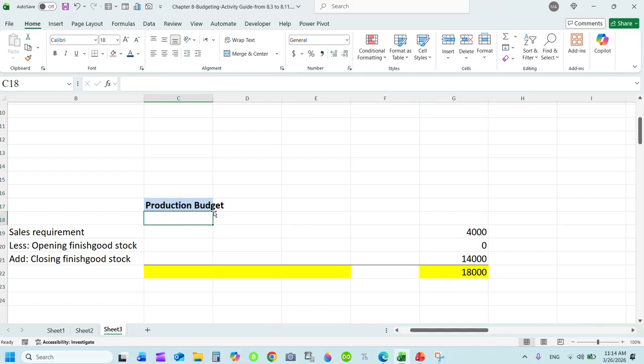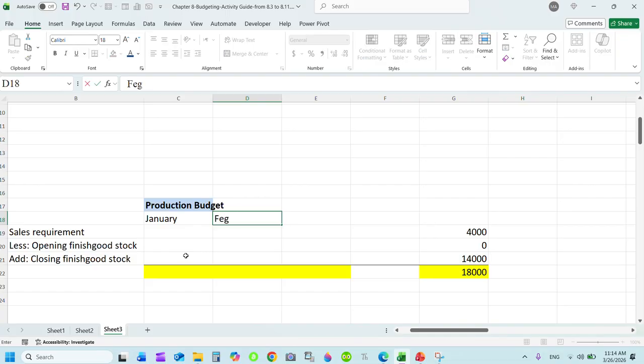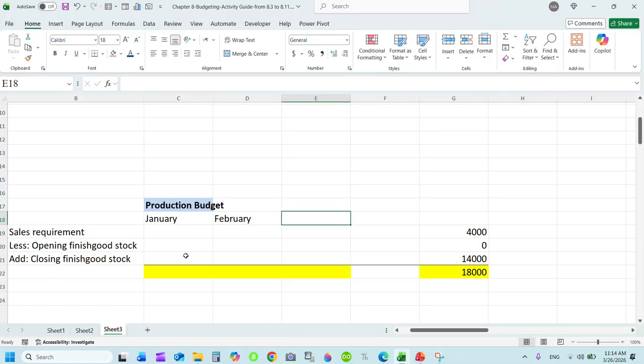Now, how do we decide? What are the factors that determine the number of units to be produced? Basically, January, February, the number of units to be produced depends on your sales requirement.